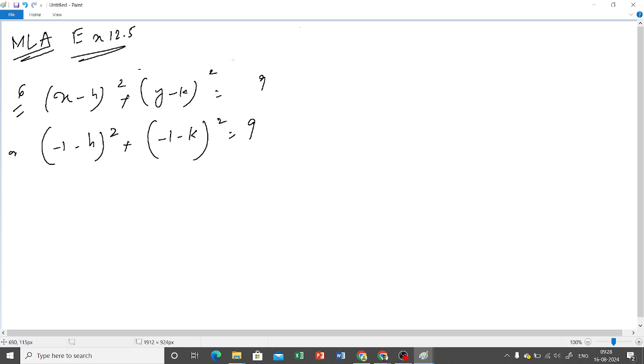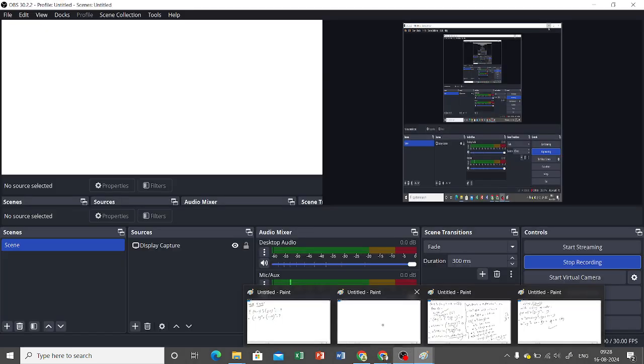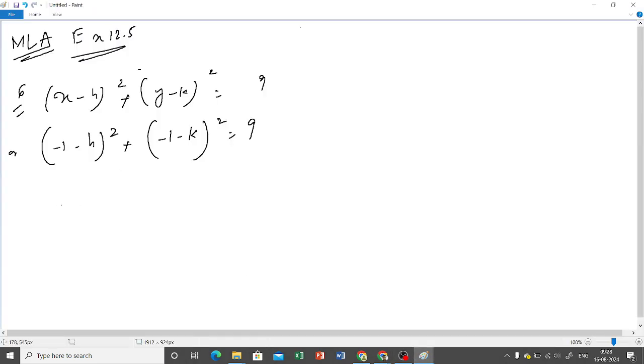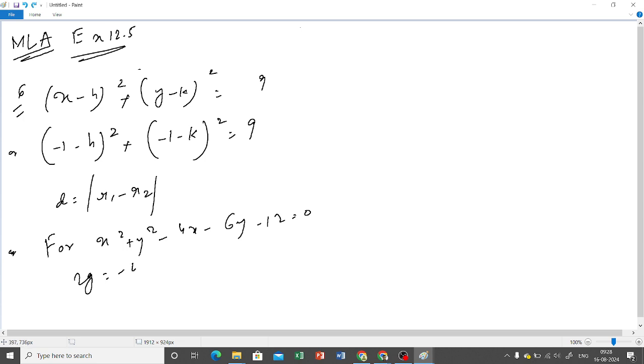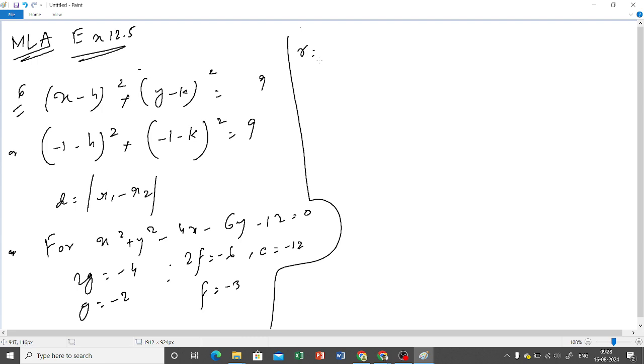Now if it touches internally, that means d is equals to mod of r1 minus r2, where d is the distance between the two centers. For the given circle x square plus y square minus 4x minus 6y minus 12 is equals to 0, what is the center?